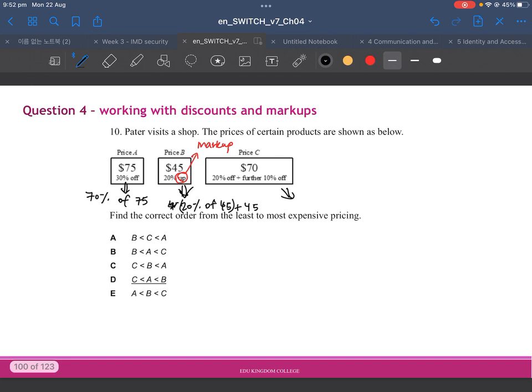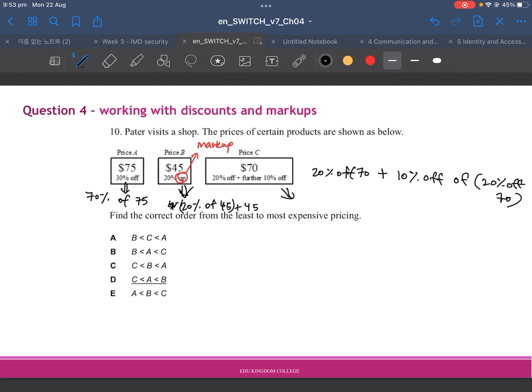Because the first 20% off is 20% off of $70, and then the further 10% off is actually 10% off of how much? 20% off 70. So the first 20% off is off the 70, but the next 10% off is off the 20% off of 70.